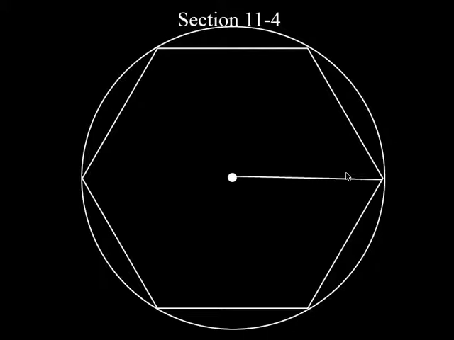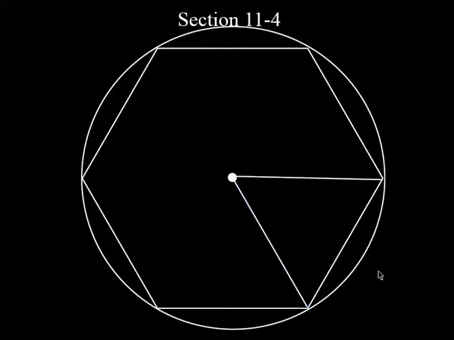Yeah, they do call it a radius of a regular polygon. You ever think about that, that a polygon actually has a radius as well? Not every polygon, but for a regular polygon, going from the center of the polygon to a vertex would be a radius of the polygon.